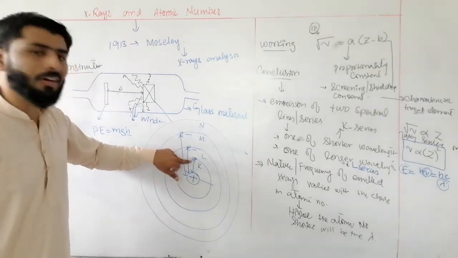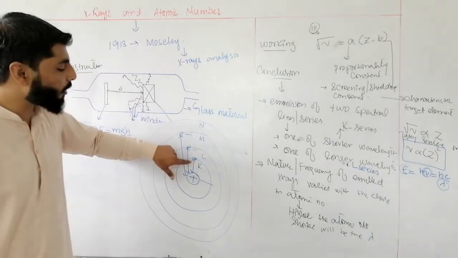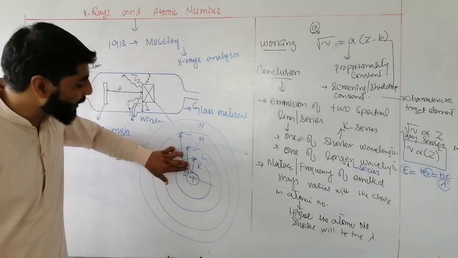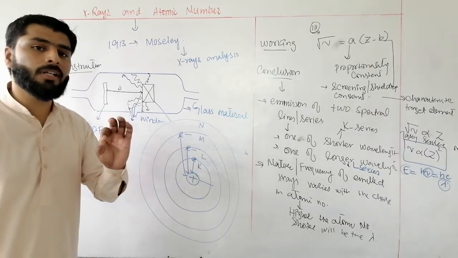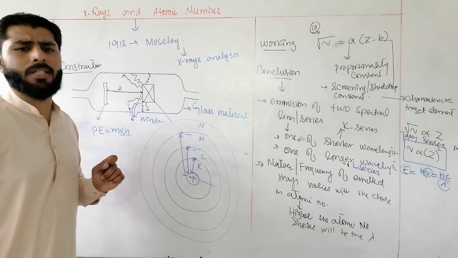For the emission or transition of this electron from any higher level, or for the knocking of this electron from this shell, we have to break this strong bond, and for the cleavage of a stronger bond, there will be the absorption of higher energy or a greater amount of energy.